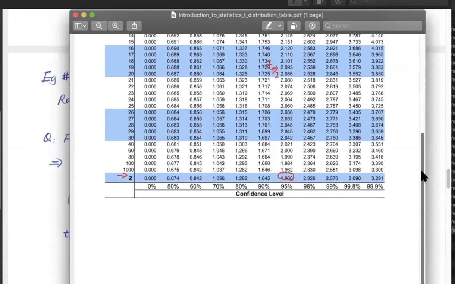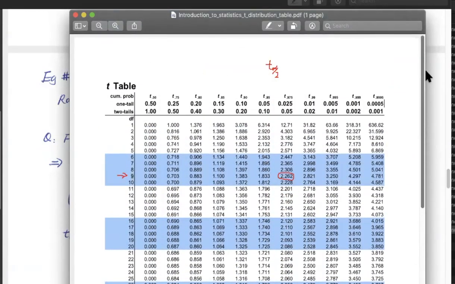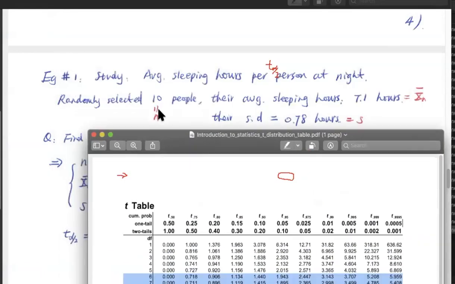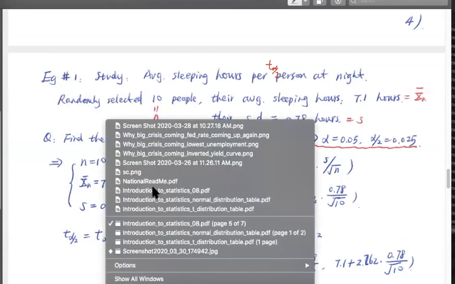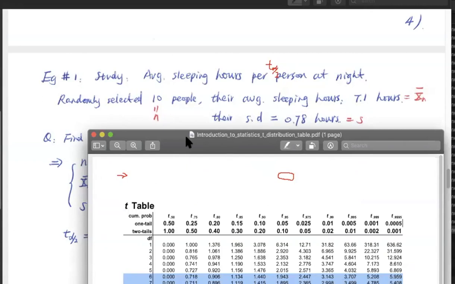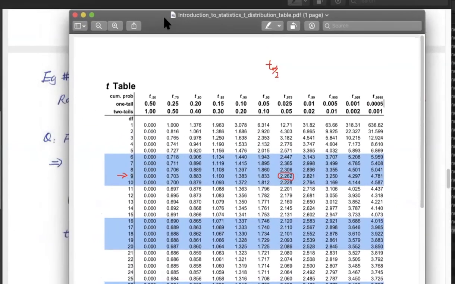Then we find which row, determined by the degree of freedom, which is n-1, where n is 10 people. So n-1 is 9, right? Okay. So we got this number here, 2.262. That's what we call T alpha divided by 2.